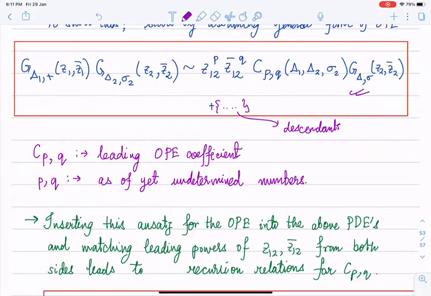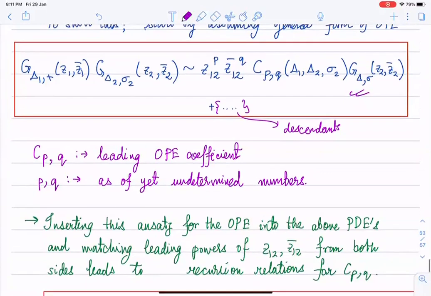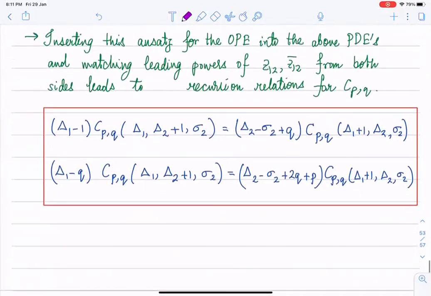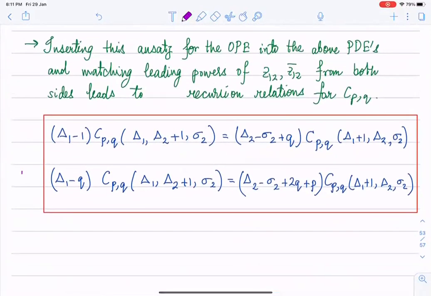If you employ that strategy, you will find certain recursion relations for these OPE coefficients, which in this case look like this.